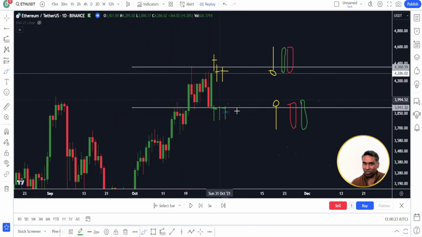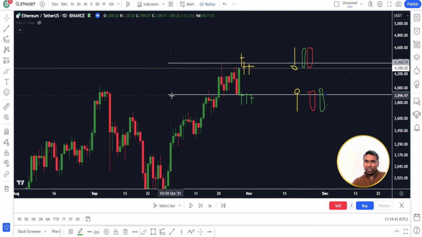In other words, the price is going to get rejected from this area and have support from this area, and we can see an upward move. So these are some of the price patterns which we have to observe around these areas.